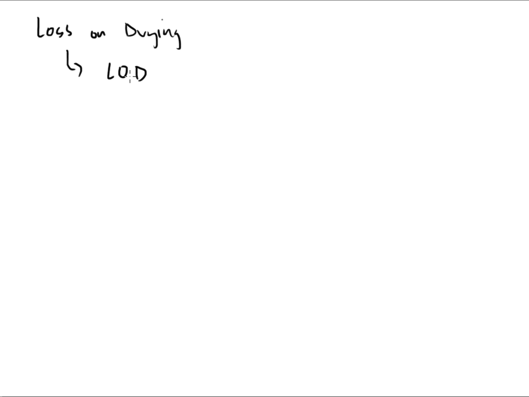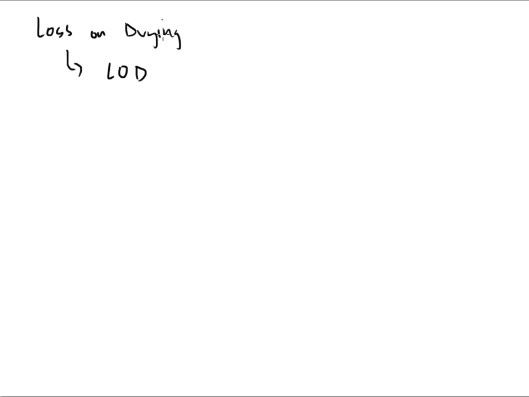So whenever you're working in a laboratory environment and someone says, hey, we need to do an LOD on this, the very first thing that most people's heads go to is a loss on drying method, which means that you need to take this substance, whatever that substance is, and heat it up in order to drive off some of the liquid or moisture that's there. So loss on drying is abbreviated as LOD.